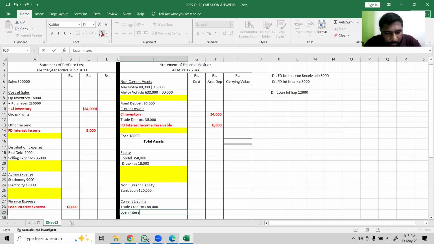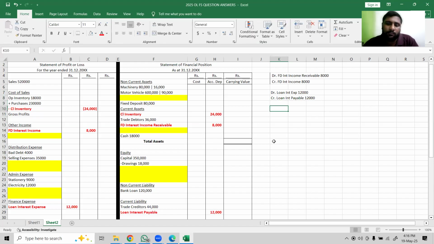Loan interest payable 12,000. That is also done.